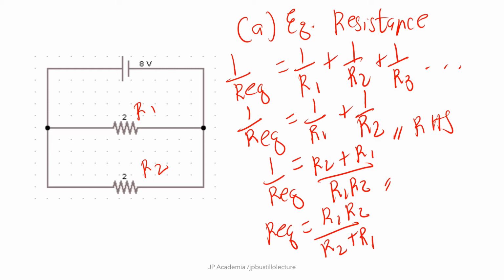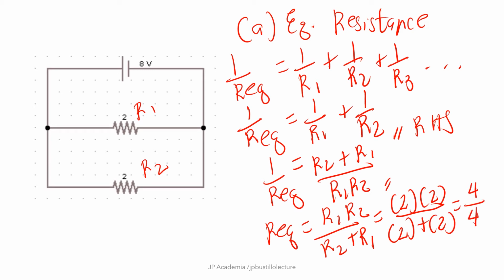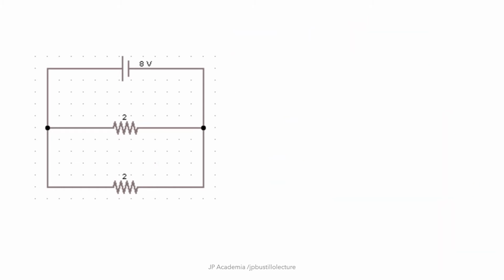We can now substitute the given values of R1 and R2. So we have 2 ohms times 2 ohms over 2 ohms plus 2 ohms. And we know that this is just equal to 1 ohm. So very easy. Therefore, we can simplify this circuit diagram by rewriting it as this.